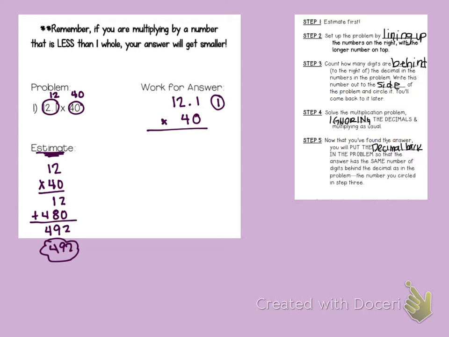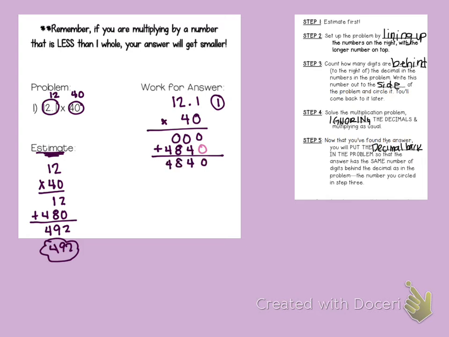So now we just multiply like normal. 0 times 1 is 0. 0 times 2 is 0. 0 times 1 is 0. Remember, annexing a 0, we're going to add a 0 here to hold our place value. Okay, so then 4 times 1 is 4. 4 times 2 is 8, and 4 times 1 is 4. We add these numbers together, and we get 4, 8, 4, 0.